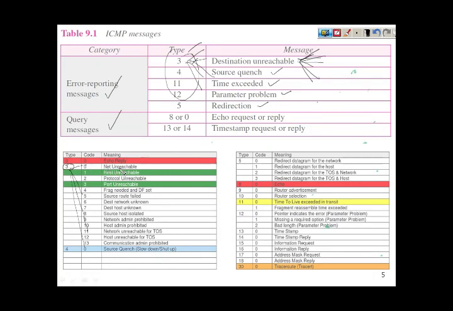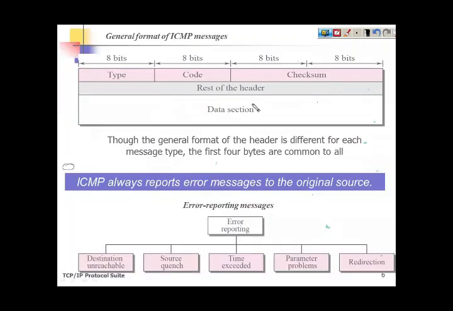So net unreachable is code 0, host unreachable is code 1, and all these reasons actually belong to this destination not reachable. Similarly, we have type 5, which is called redirection, and all these redirection kinds of errors arise because of these three or four possible reasons. We'll see one by one what the different kinds of errors are and why these errors are being raised. Let's have a look at the ICMP packet.